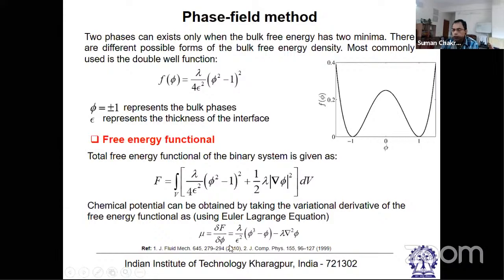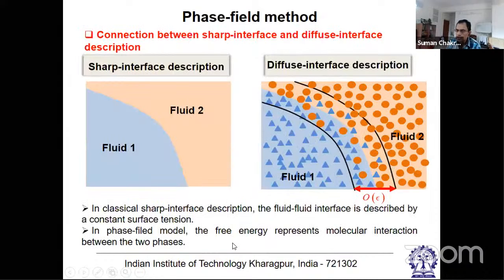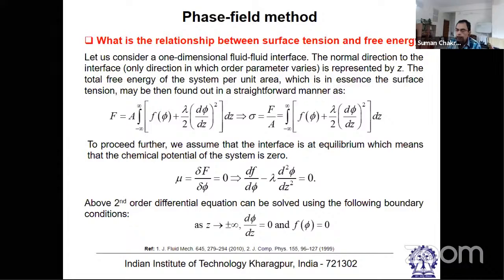So for equilibrium, there should not be any gradient of chemical potential, or it should be a constant. For convenience, we can set that constant as any arbitrary constant, and in fact as 0.